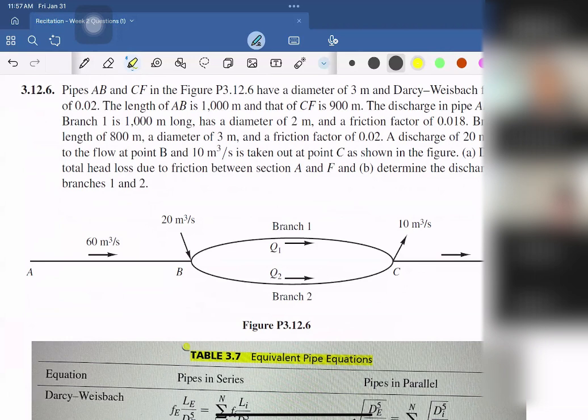Okay. So in this question, we have parallel pipes. Parallel pipe here, and the other one is here. And we have diameter of pipes AB, which is here, and we have a diameter for CF, which is here. And these are 2 meters or what?